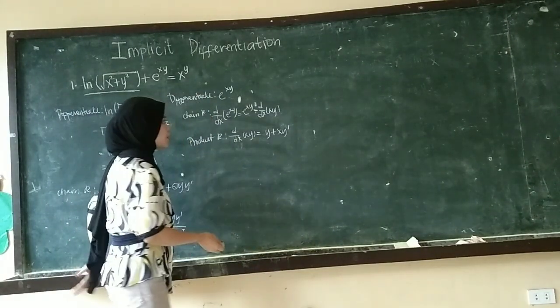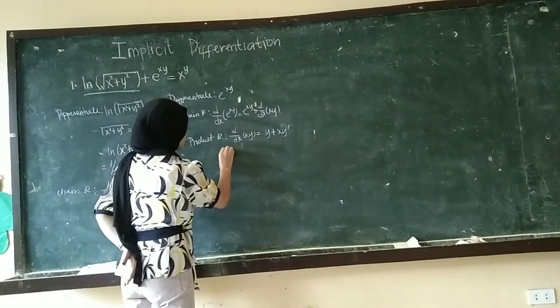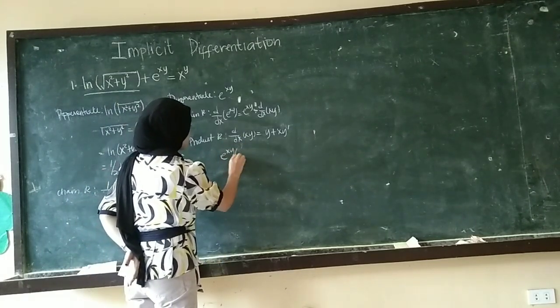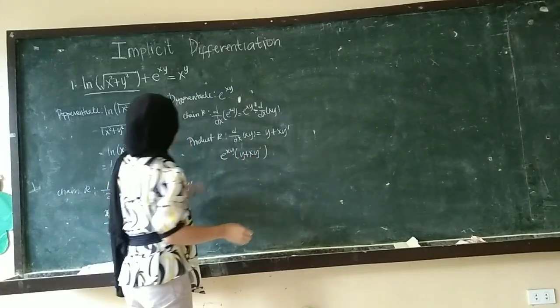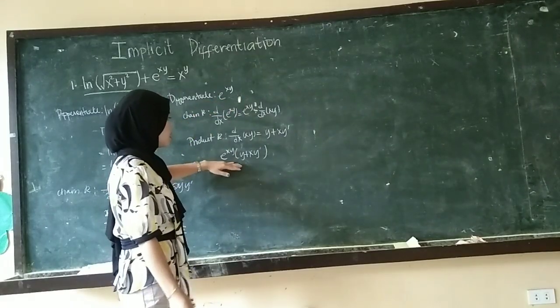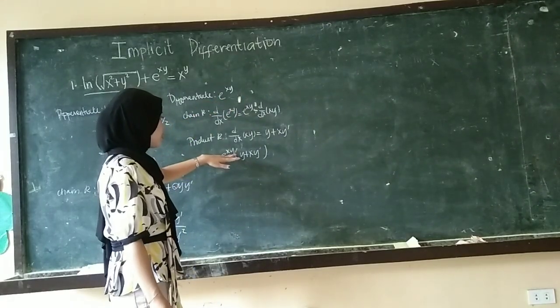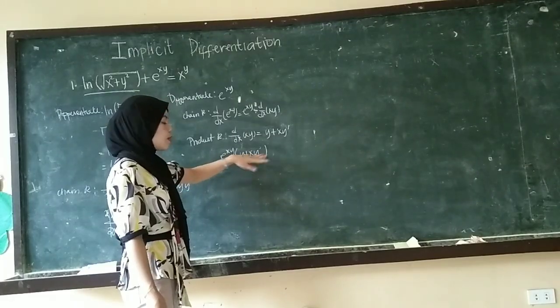So to differentiate, just copy the e raised to the power of xy multiplied by y plus x y prime. So the differentiation of e raised to the power of xy is e raised to the power of xy multiplied by y plus x y prime.